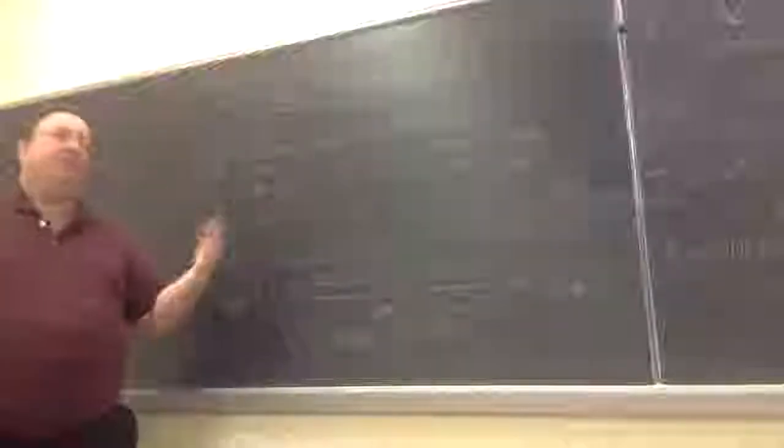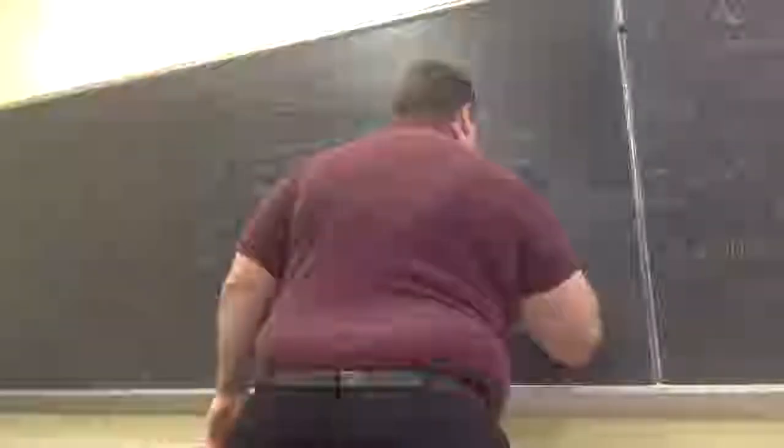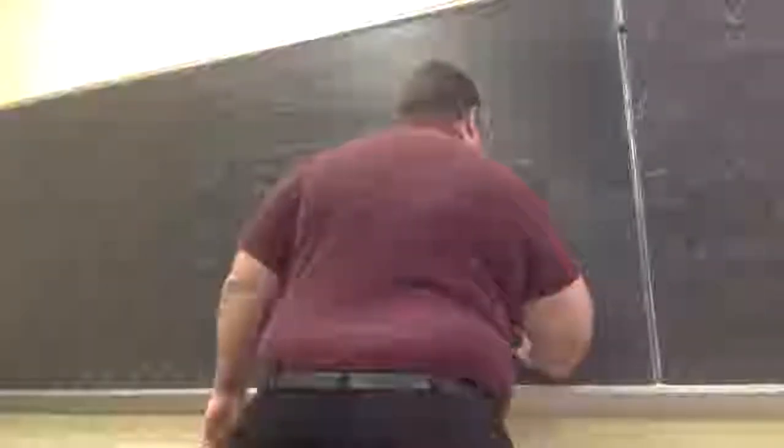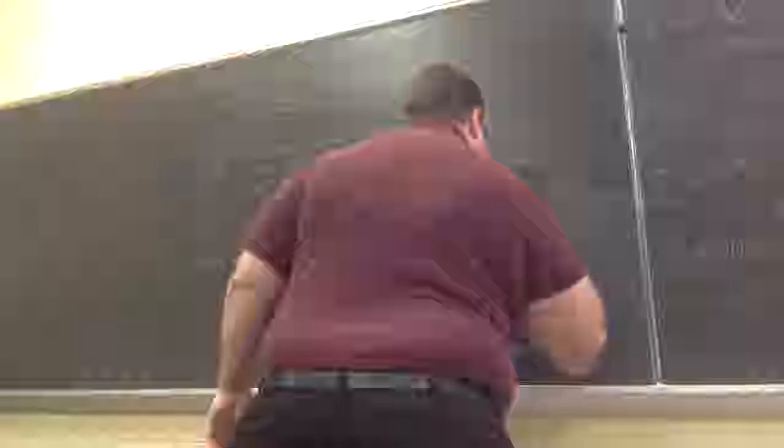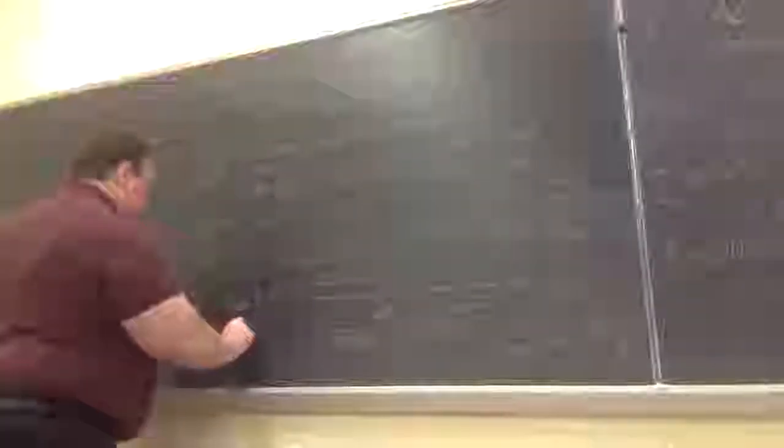But that's where I use the boundary conditions. u0 of t is 0, and un plus 1 of t is also 0 because of the boundary conditions. So that way, this is well defined for all indices j from 1 to n.